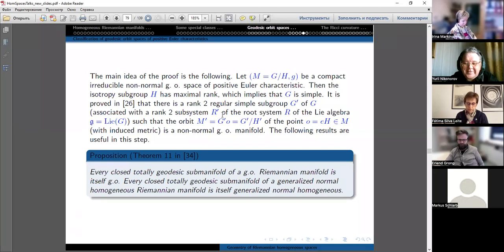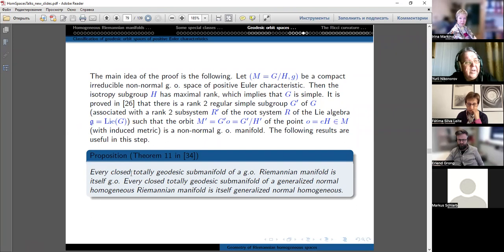Okay, and the main technical result in this case is this proposition: every closed totally geodesic submanifold of a geodesic orbit Riemannian manifold is itself geodesic orbit. And there is some similar result for generalized normal homogeneous spaces, which we will discuss a little later.